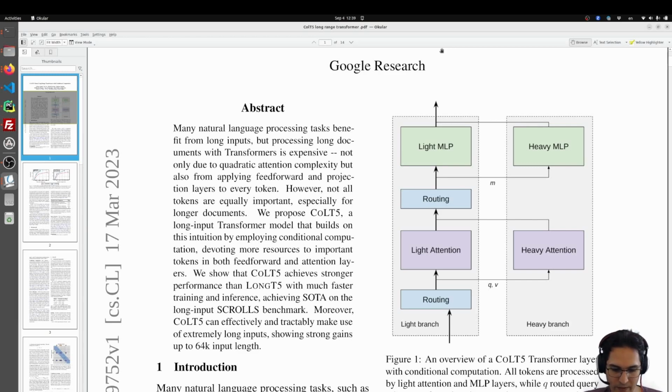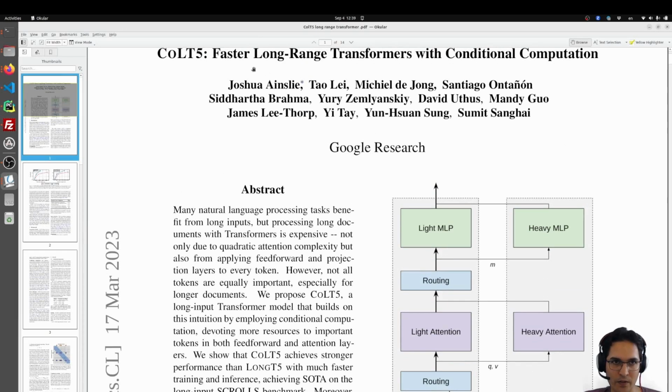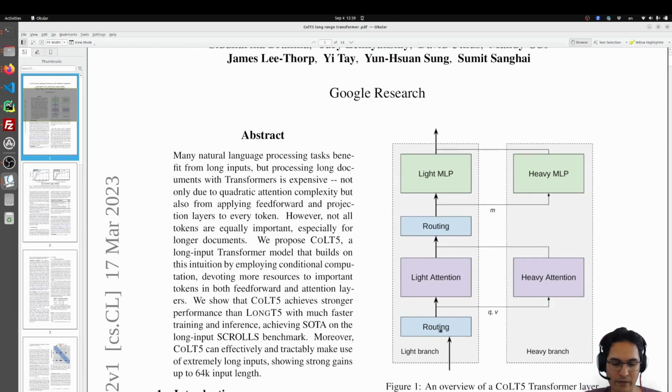The reason is that you apply less computation on the long input, so that is why it is faster. And the reason it is long range is also because of that routing. If you have 64K tokens and, for example, question answering, in many cases we don't need to put attention on the whole text.